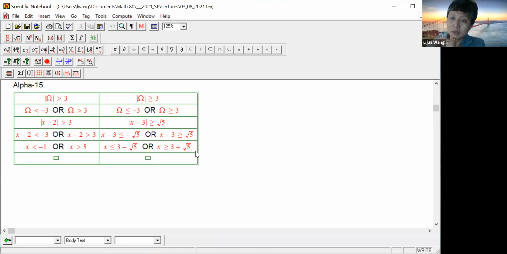Any decimal number you're getting from your calculator is not going to be precise because square root of 5 is never going to be a precise number. The most precise number for square root of 5 is square root of 5. Don't try to get that 2 point blah, blah, blah. We don't even want to see it. Got it? So save your trouble. Just solve these, and that should be your final answer, and that's perfect.